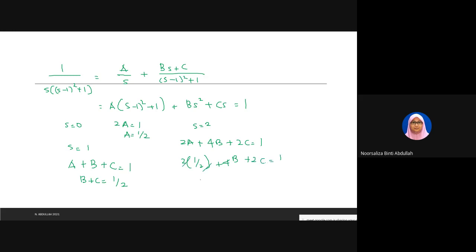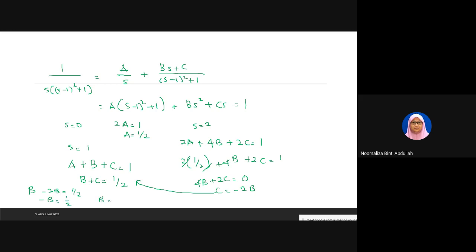So 4b plus 2c equals to 0, and c equals to minus 2b. You replace this one to these equations, you will get b minus 2b equals to half, and minus b equals to 1 over 2.